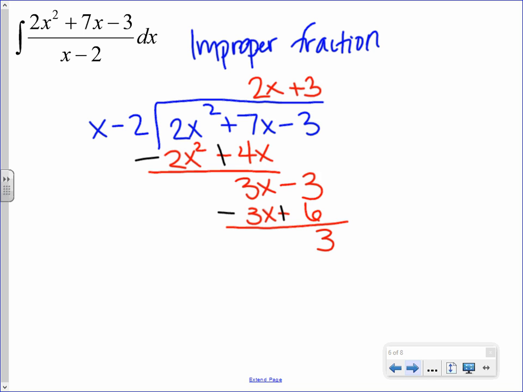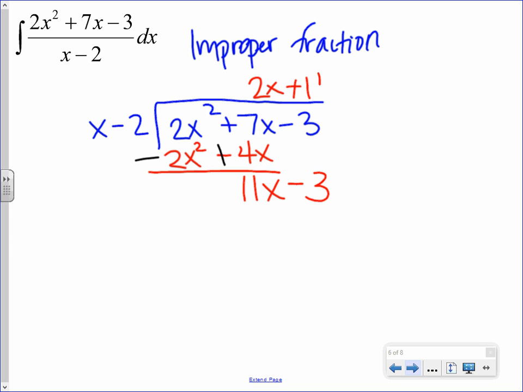No one's going to stop me, were they? Where's my mistake? Oh, yes. I have add, but what did I do? What should this be? 11x minus 3. Get a remainder of 19.